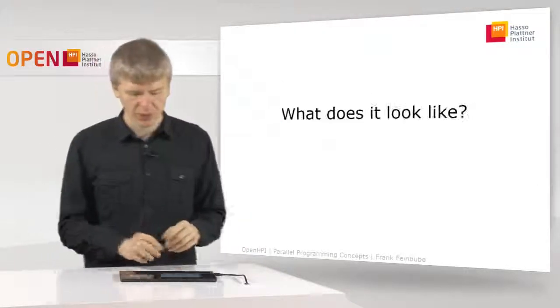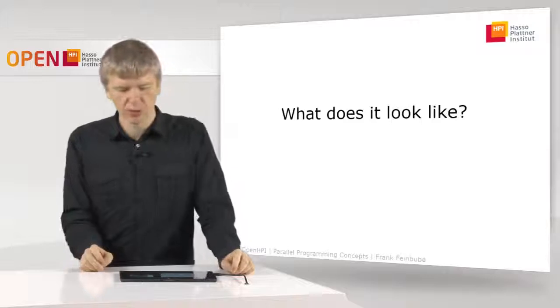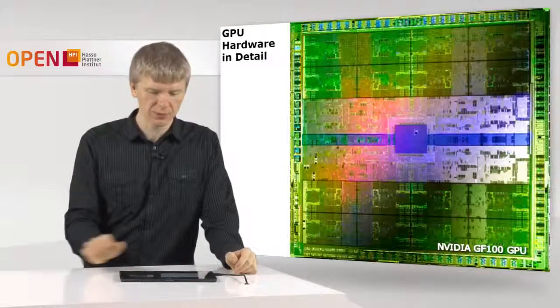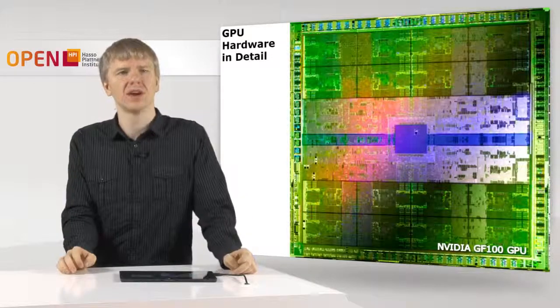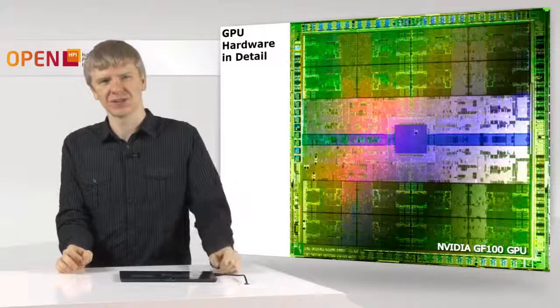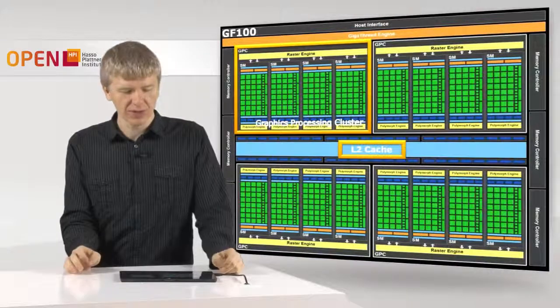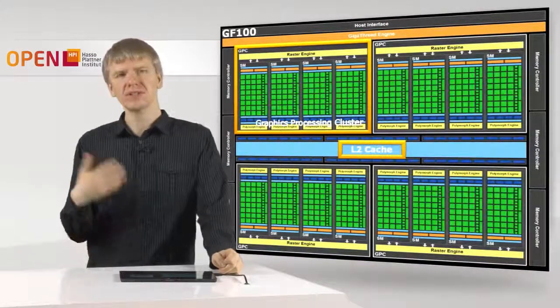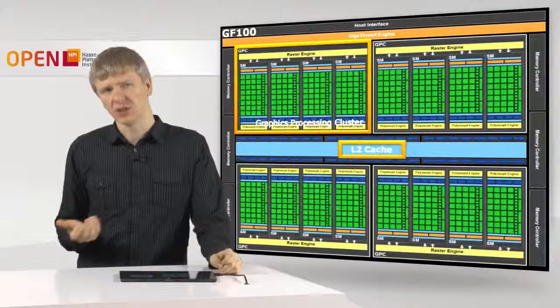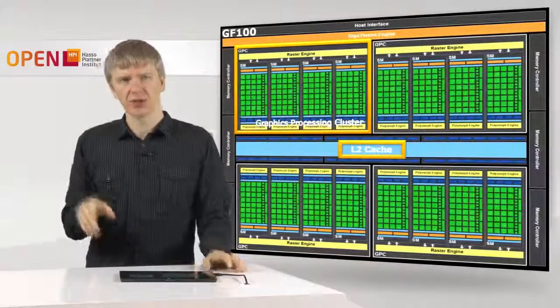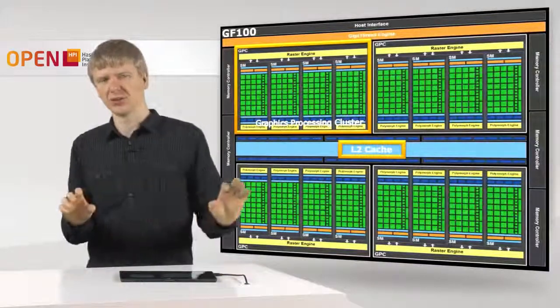Okay, let's see what it looks like in real hardware. So this would be a GPU chip, and since this only looks like copper to me, we have a more schematic view of this. We see that this GPU architecture comes with some clusters. We have 4 clusters here and a big level 2 cache.